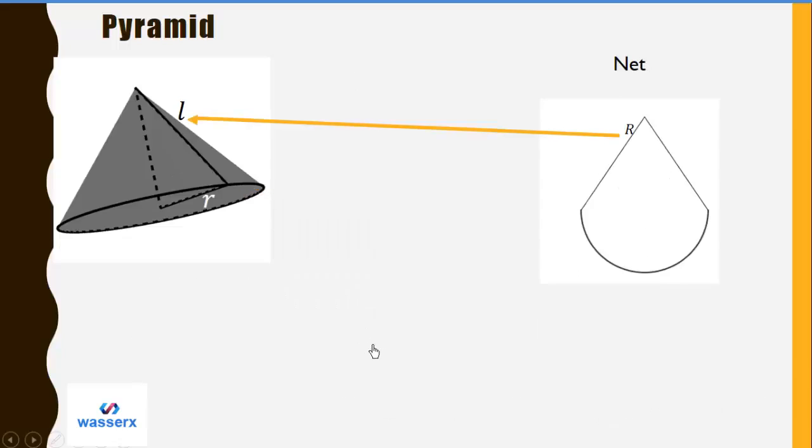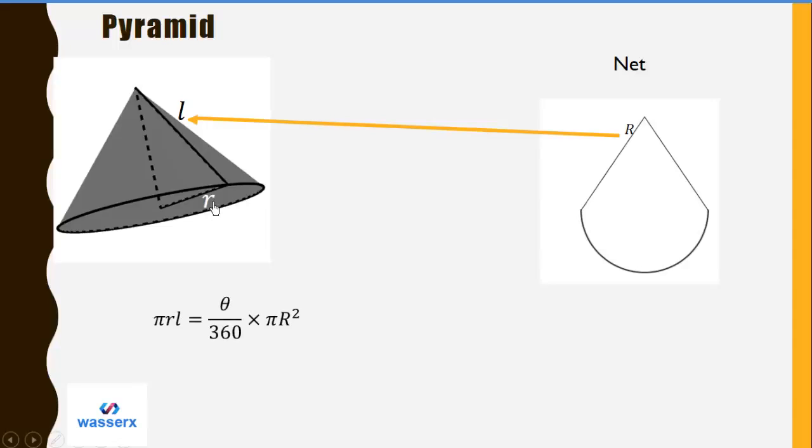Now one more thing we need to know about the cone and the sector is the relation between this and this. So if this is folded to form a cone, then the big R over here, that is the radius of the sector, is equal to the slant height of the cone. So big R is equal to L. Then there's a relation between it and the radius of the base of the cone.